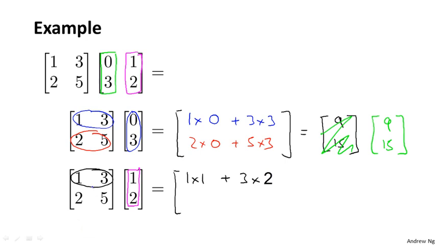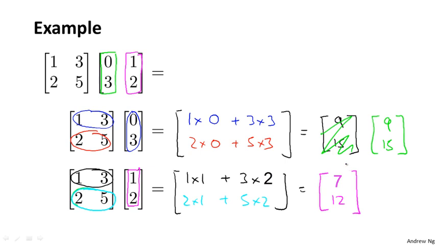And let's do the other one. That gives me 2 times 1 plus 5 times 2. And so that is going to be equal to, let's see, 1 times 1 plus 3 times 1 is 4. And 2 times 1 plus 5 times 2 is 12.